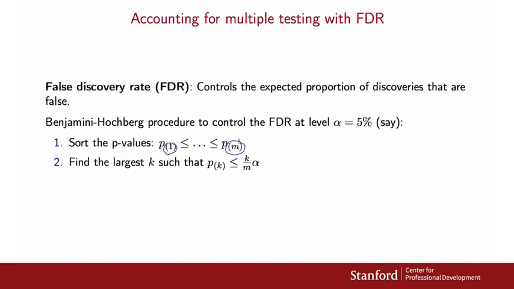And of course, you would simply write a small computer code to do that for you. And that's pretty much all, because in the third step, you declare discoveries for all tests i from 1 to k. That is, for the k most significant tests, you declare them to be true discoveries. It turns out that this very simple procedure controls the expected proportion of false discoveries at a rate of alpha.